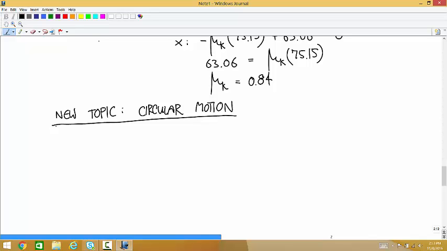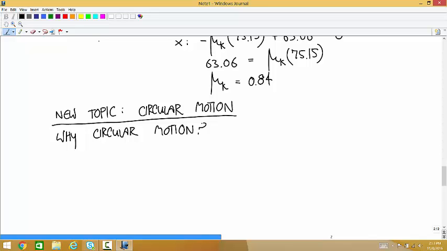So the first question I have is, why are we doing circular motion? Why not square motion or elliptical motion or star motion?